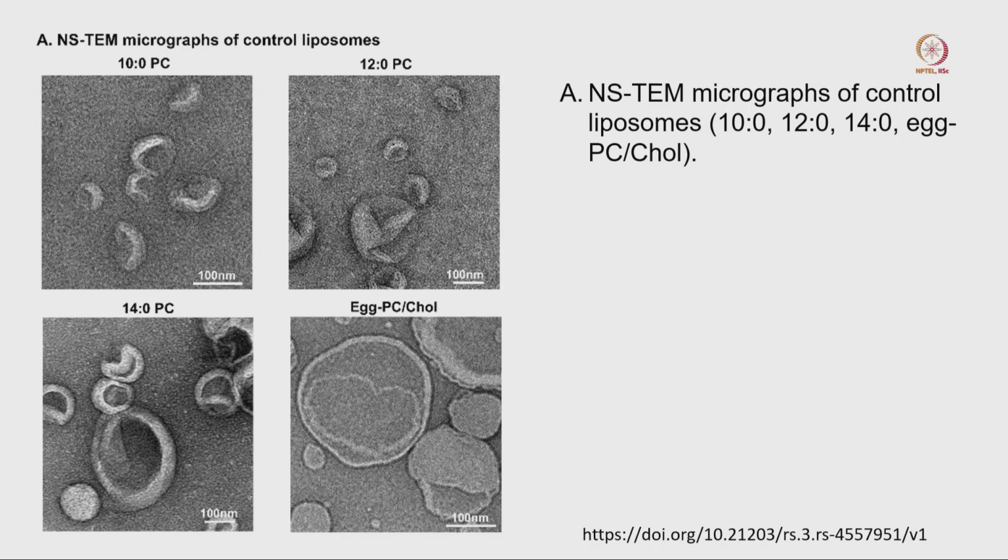Here I am showing you some liposome sample preparation. We can prepare the liposome, and here you can see the control liposomes. One we made with 10 PC, that is phosphatidylcholine, 12 PC, 14 PC, then egg PC and cholesterol. There are no other samples here, only the lipid vesicle, called the free lipid vesicle.